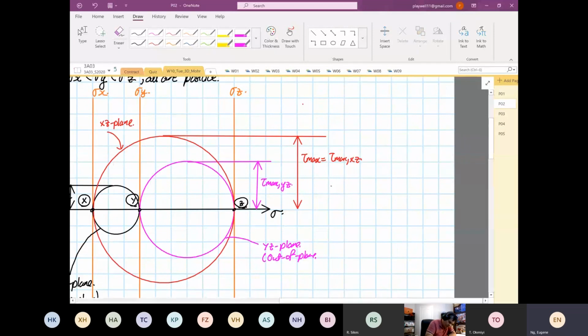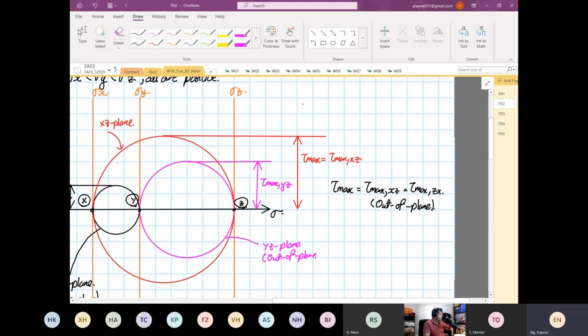So we know that tau max is equal to tau max XZ, and this is also equal to your tau max ZX, right? And the maximum shear now is occurring at what? Out of plane. So for this case, 2D, 3D Mohr circle, the answer will not be the same.